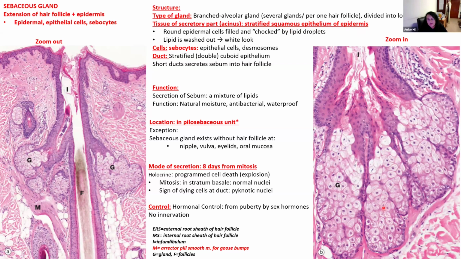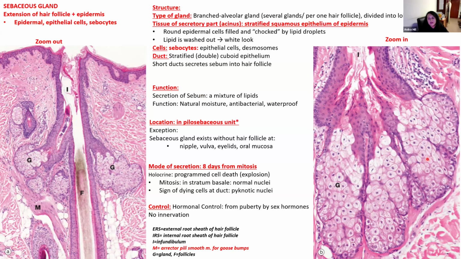You see what you see? Round epidermal cells filled with lipid droplets, and you know lipid droplets wash out during processing, and that's why all of these guys are really white, like Snow White, and that's why this gland, you can't miss it. It's very easy to identify.